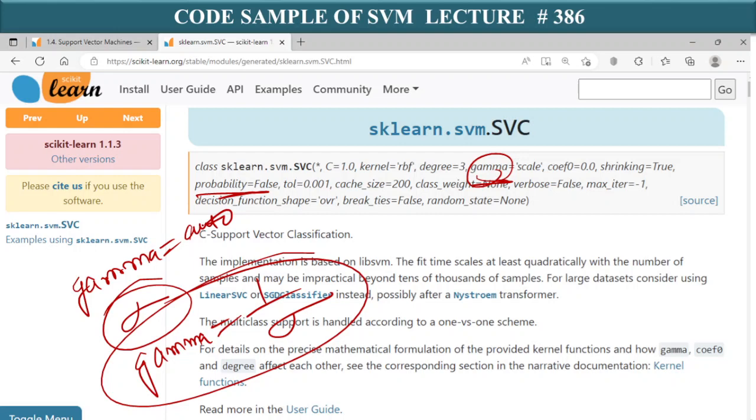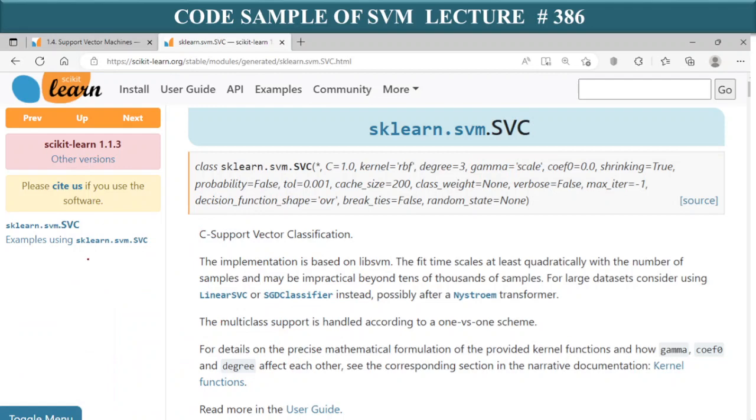What is tolerance here? You have tol, tolerance equal to 0.001. What does it mean? We saw a similar tolerance parameter even in the case of logistic regression. Tolerance basically says, when I am going from the ith iteration to the i plus 1th iteration, let's say I have Wi and Wi plus 1.